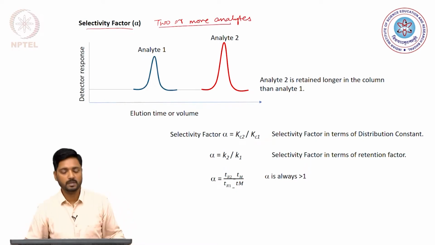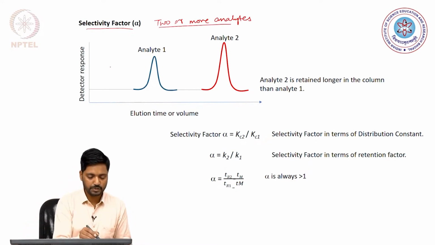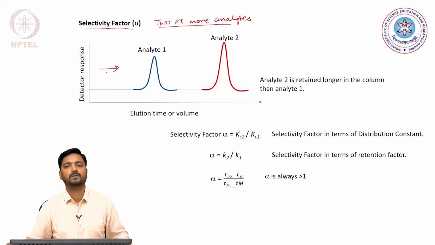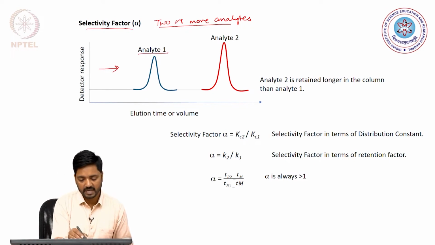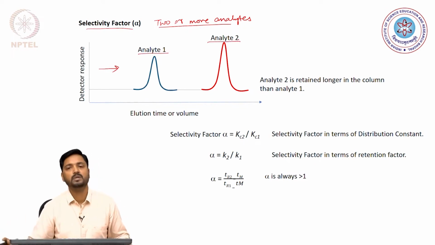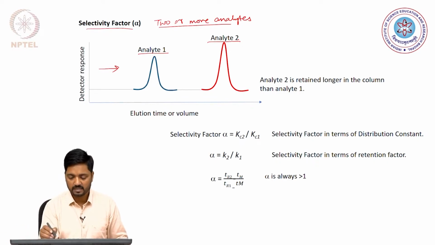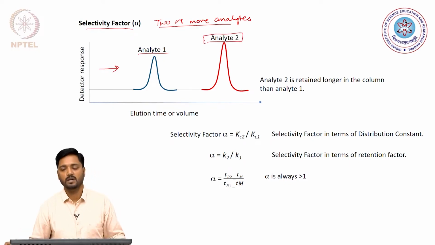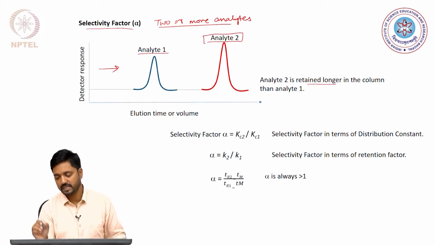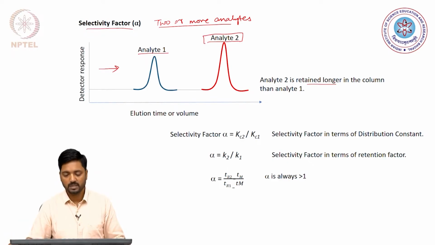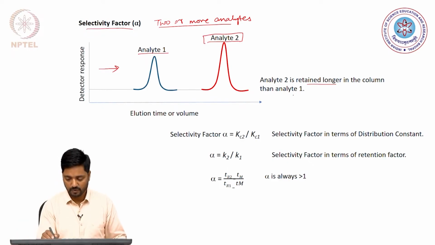So, for example, here I have shown you the chromatographic profile of two analytes, analyte 1 and analyte 2, that are eluting out of the chromatography column, and the time that analyte 2 spends inside the column is much larger, or analyte 2 is retained longer within the column than analyte 1.